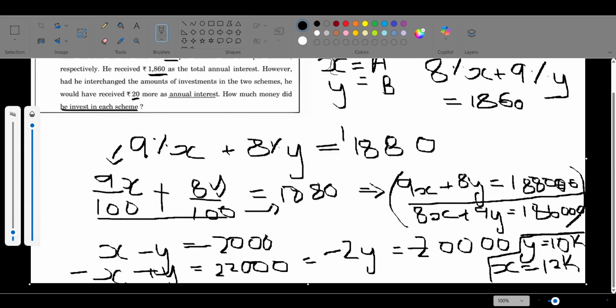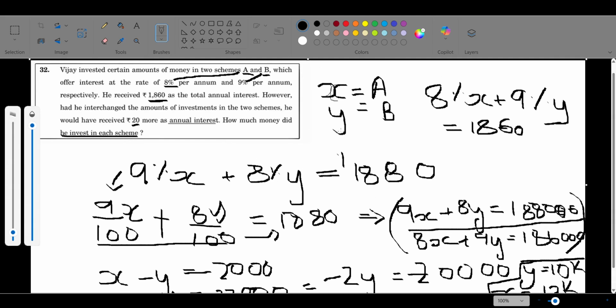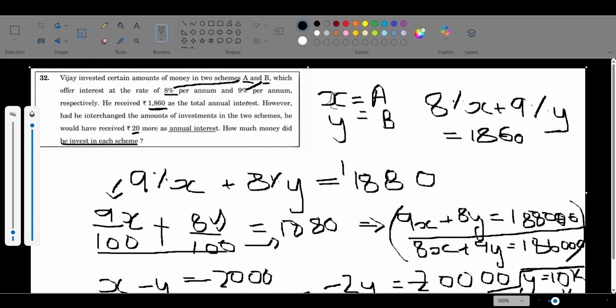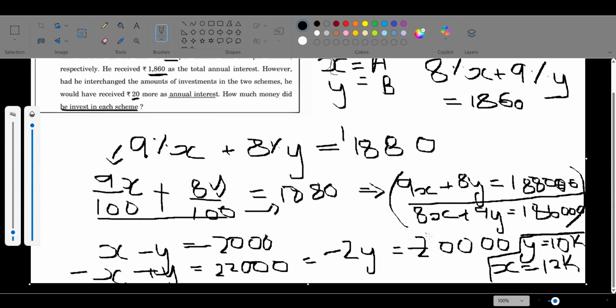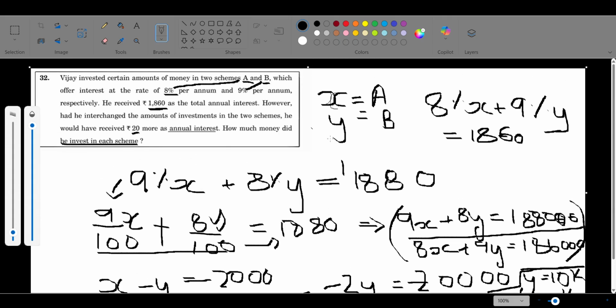Now if he interchanges, so x becomes y, investing the 12k at 9% annually, he receives 20 more, which is 1,880 rupees in total.